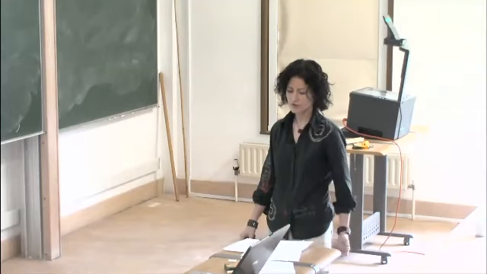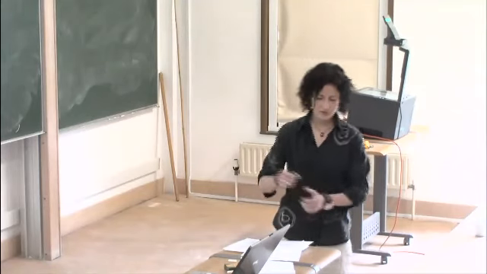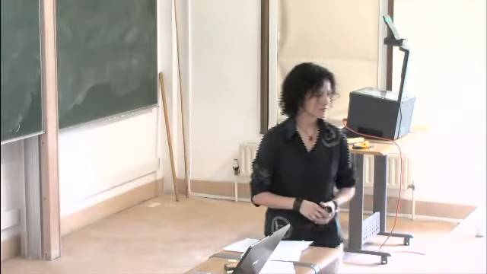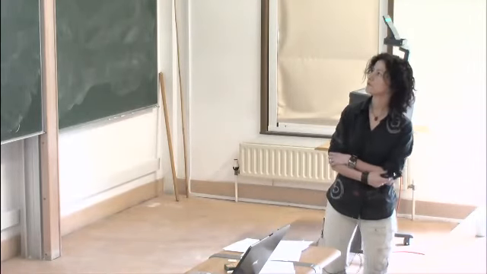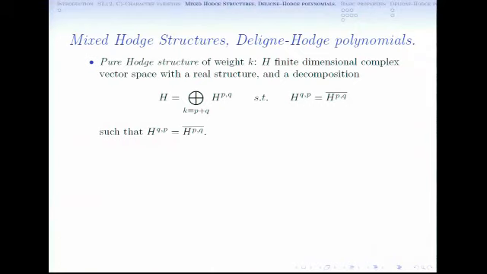Let me recall now some definitions, just to not get you lost. What I was talking about is the mixed Hodge structure, and first we need to define what a pure Hodge structure of weight k is. It consists of a finite dimensional complex vector space H with a real structure and a decomposition of it.